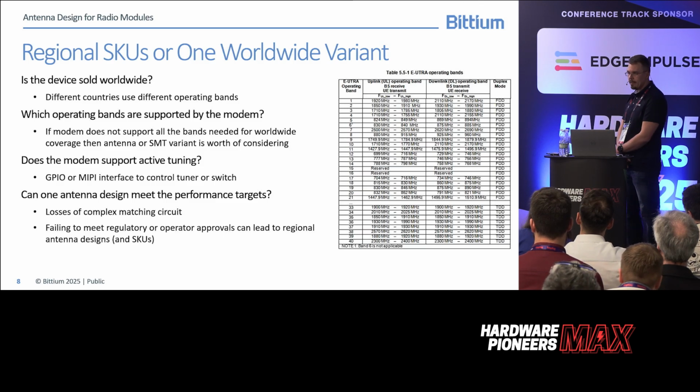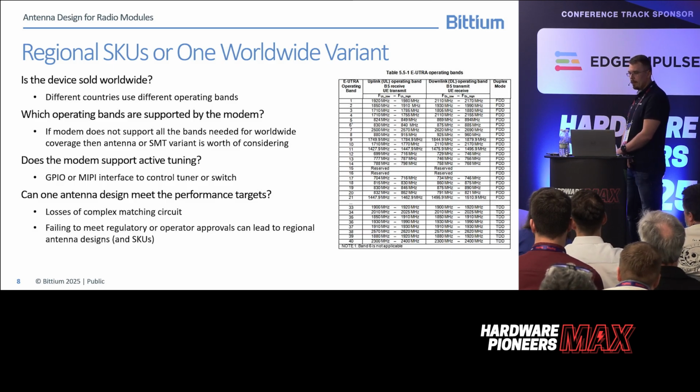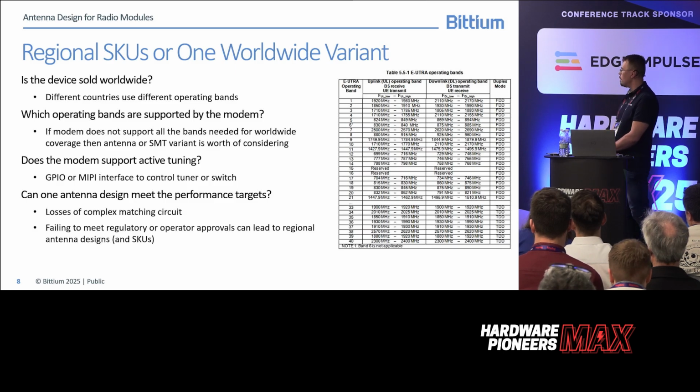If you are designing a device, for example, for the US market, there's no point in selecting a modem that supports all the bands in the world. In these cases, you can design your antenna to support only the US bands, and in most cases the antenna design can be smaller and require less space from your device.